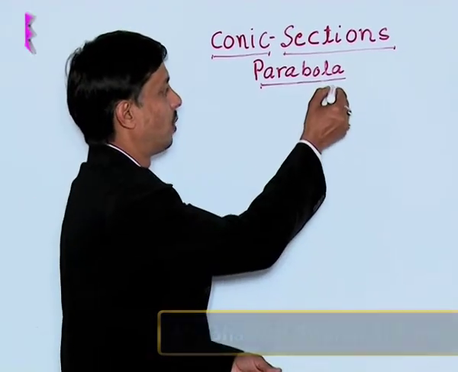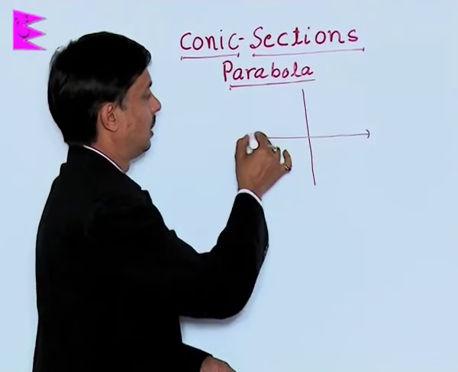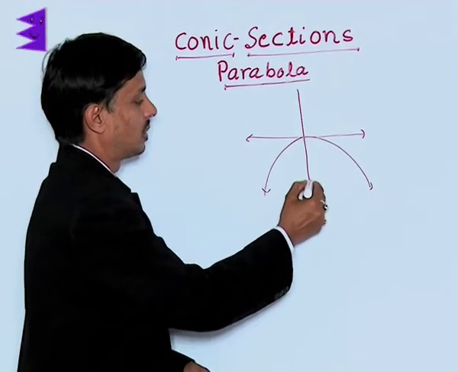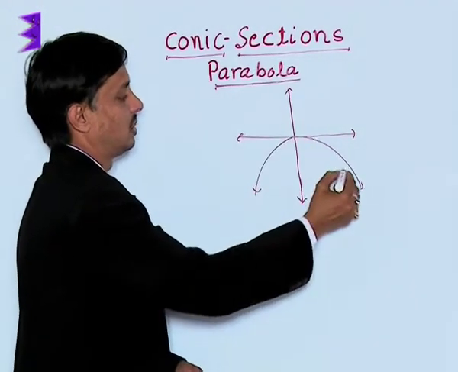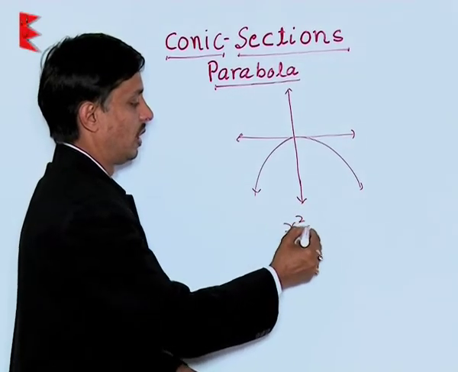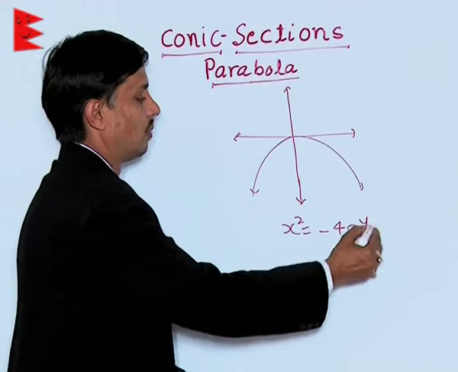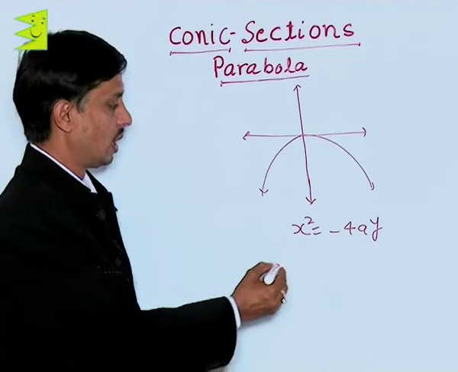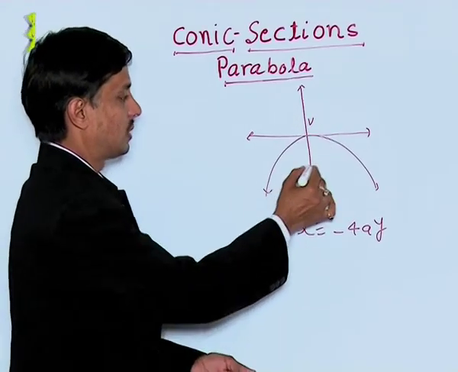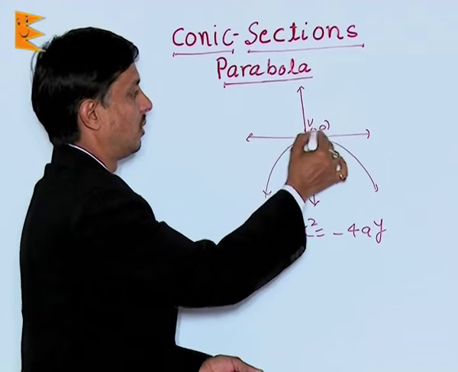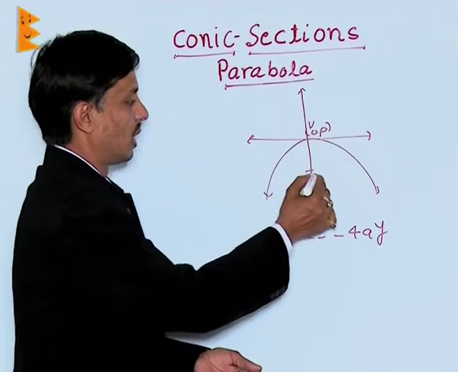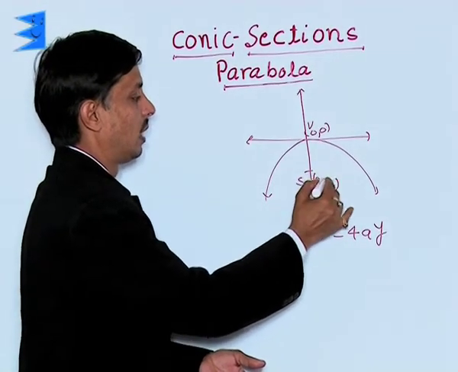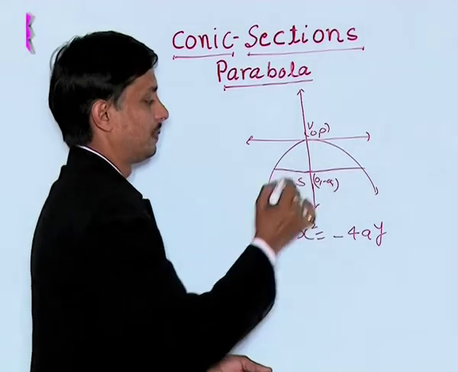With the y-axis and x-axis, a downward parabola of this type is known as the fourth type of parabola, and the equation is given by x square equals minus 4ay. Information: the vertex is again the same, that is at the origin. The focus here is 0 comma minus a, and the length of latus rectum is 4a.